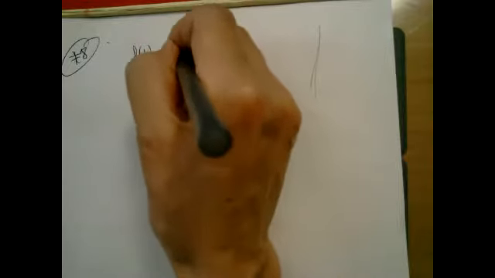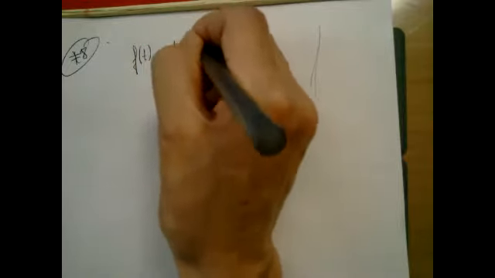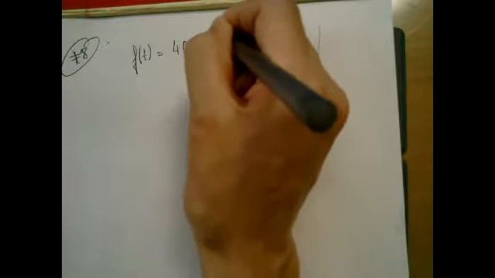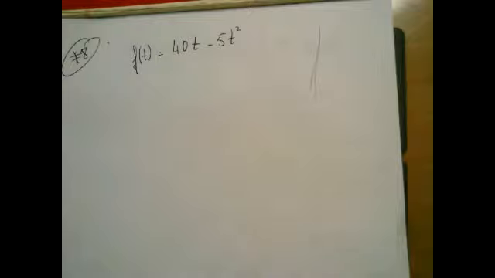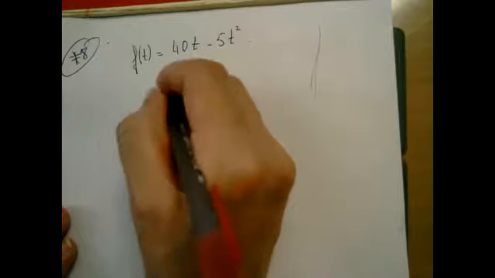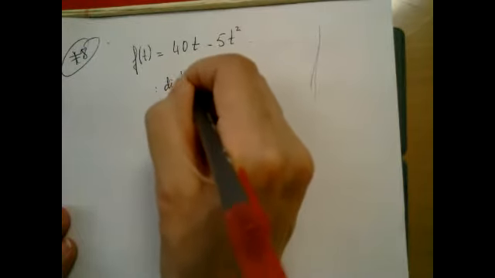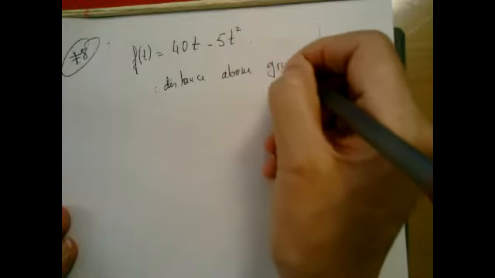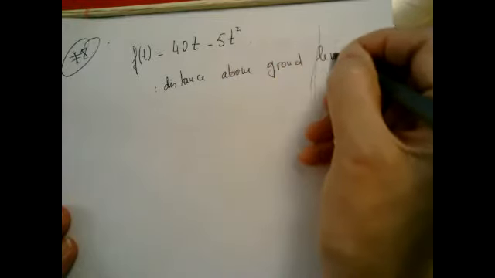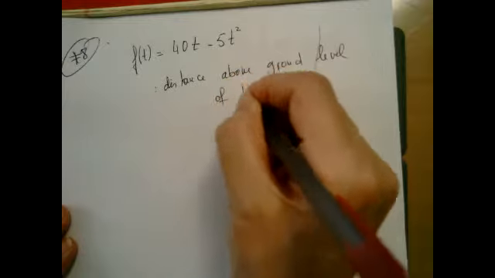So f of t is 40t minus 5t squared. And determine an appropriate domain of this function. It means this time t varies from where to where, so this function makes sense. So f of t represents the distance above ground level of the stone.